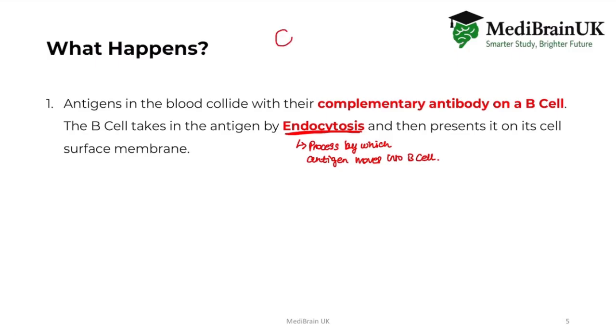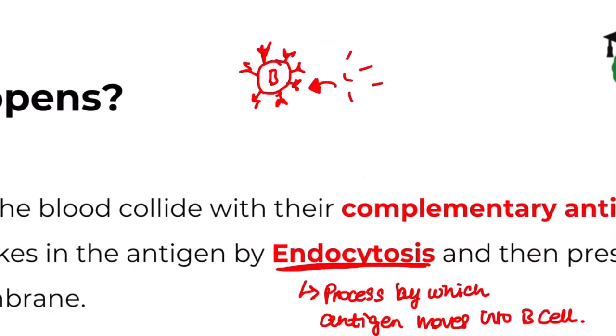So this is our B cell, and these are our antigens. Then we have certain receptors on the B cells as well, just like T cells had. This antigen will bind to a certain receptor on the B cell, and then these antigens will move into the B cell by endocytosis.